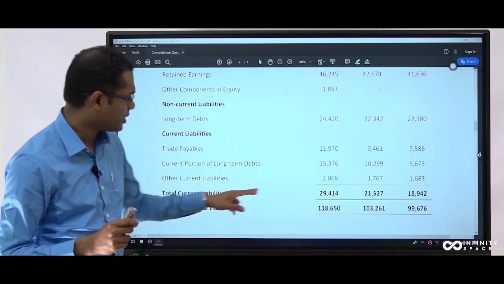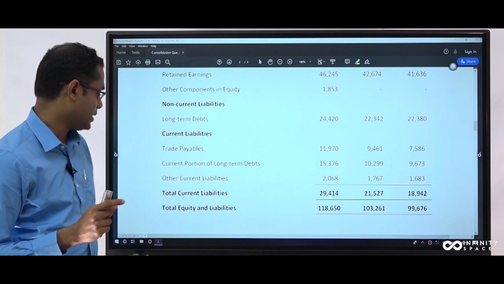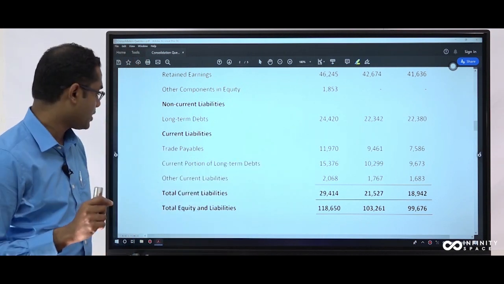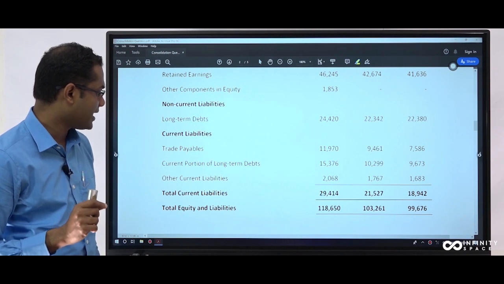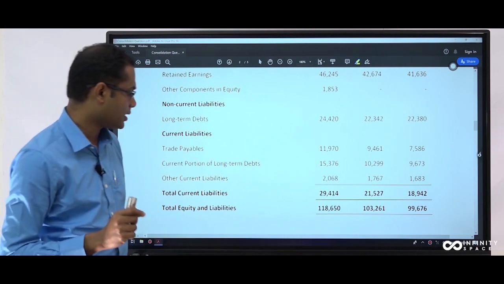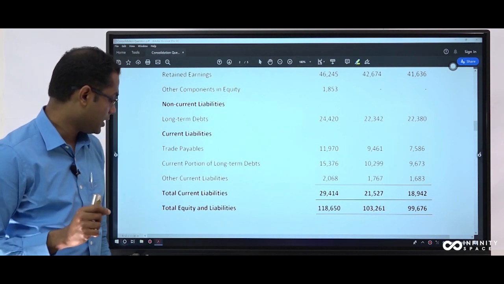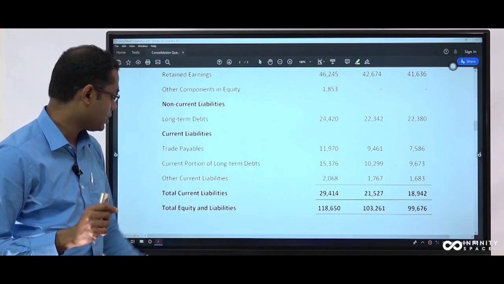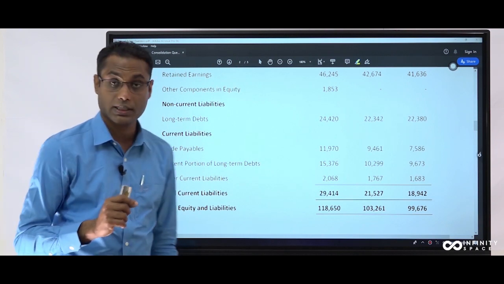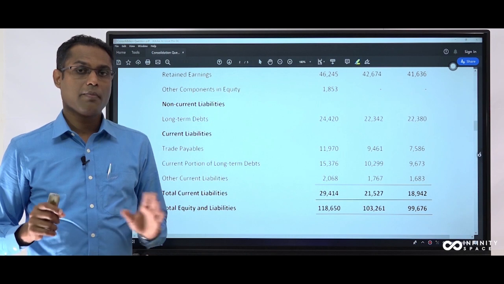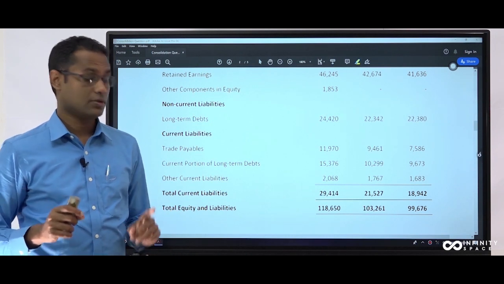Then other current liabilities 2,068, and the total current liabilities, that is the total of trade payable, current portion of long term debt, and other current liabilities, comes to 29,414. So ultimately total equity and liabilities is 118,650. So this is about the balance sheet of the parent company.